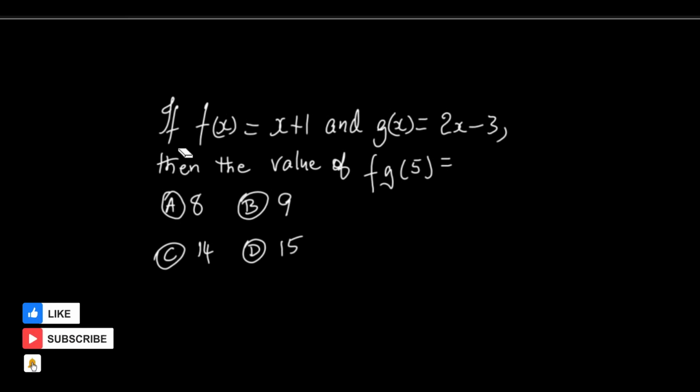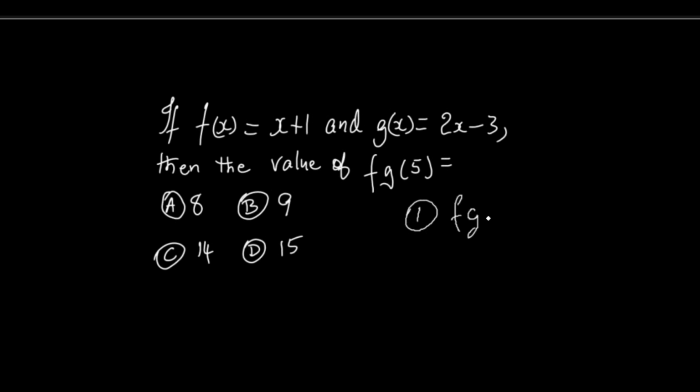All right, so what we're going to do for this question, it says if f of x equals x plus 1 and g of x equals 2x minus 3, then the value of f of g of 5 is one of these options. Let's look at one particular method we could use, which is to form an expression for f of g of x.